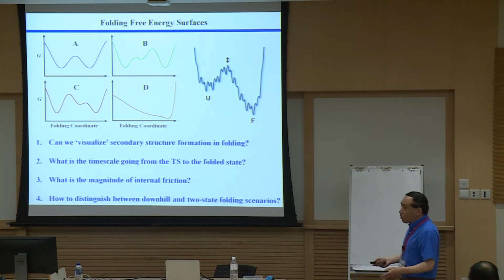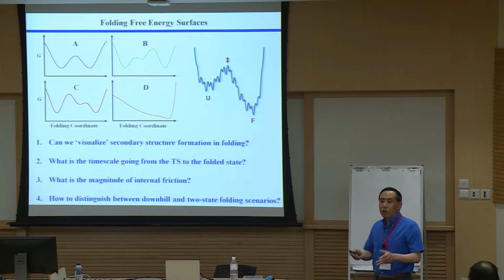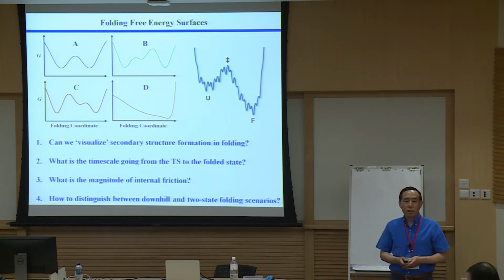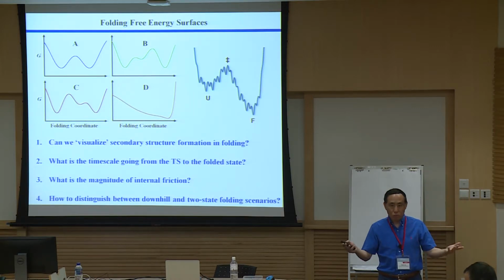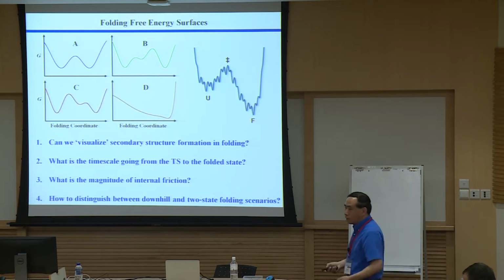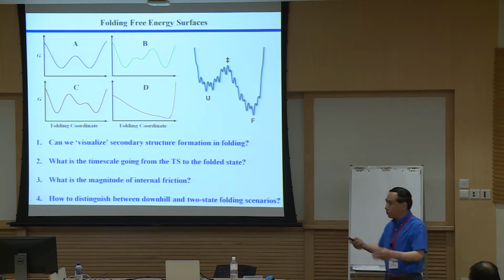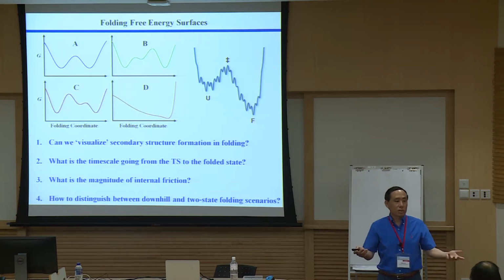Depending on the choice of your coordinate, you may come up with simple-minded pictures that are really a projection of a multidimensional problem onto a simple two-dimensional plane. For the simplest case, you have just a barrier, as we are seeing from Cass's talk, so that the unfolded state is connected through this barrier to the folded state, and so on and so forth.